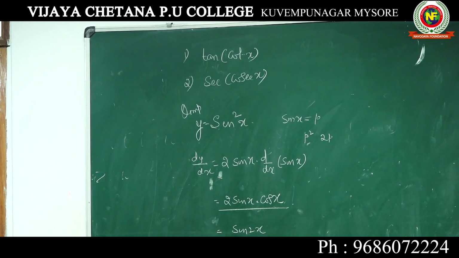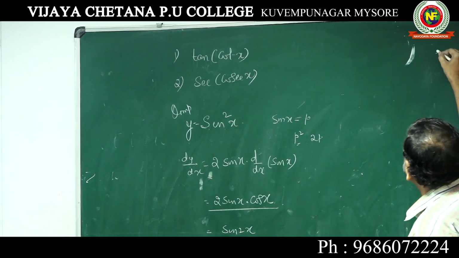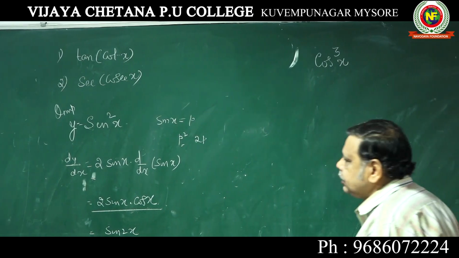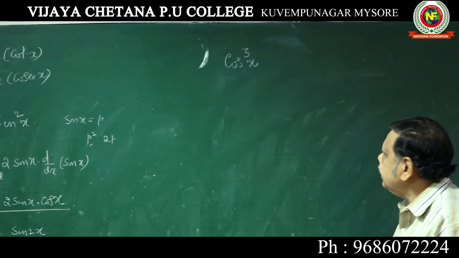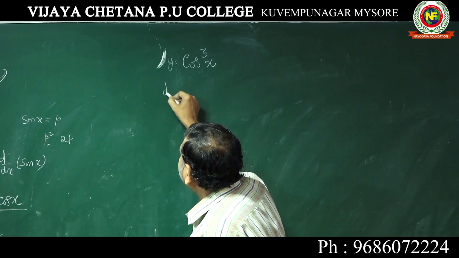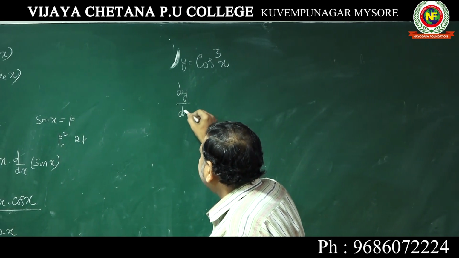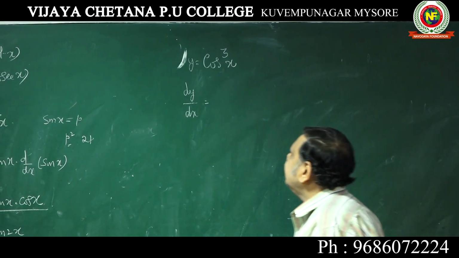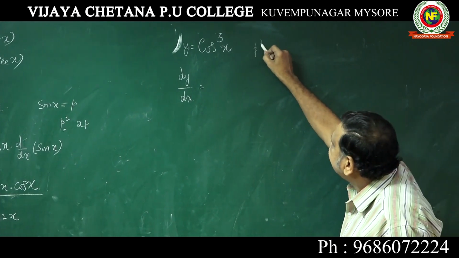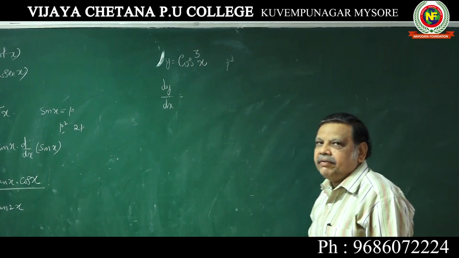Take one more problem. Cos cube x is the question. Take it as y. When you differentiate, dy by dx, cos x as p becomes p cube. P cube differentiation is 3p square.